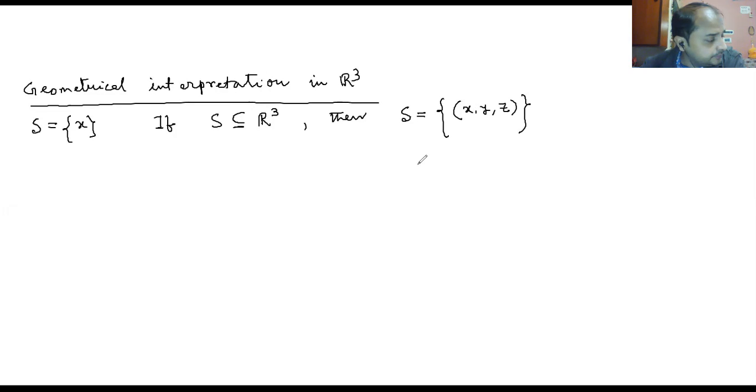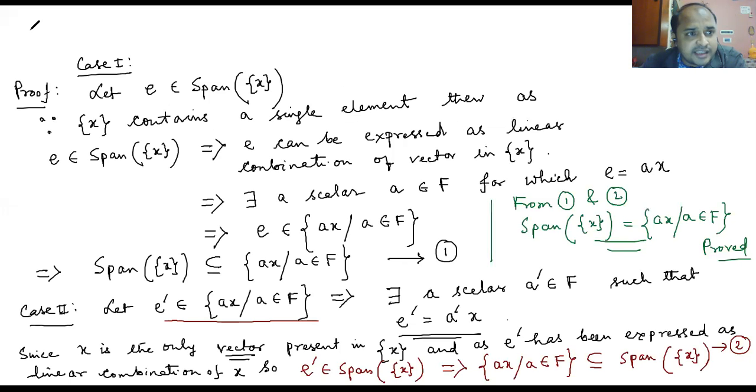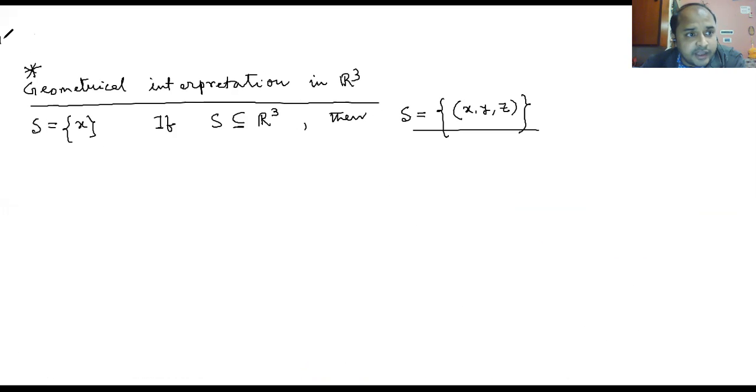Okay. If I'm wrong, then you can make me correct. So S is the set containing a vector X. I am considering, in this particular problem, in the proof, my S was a subset of any vector space V. Now I am considering the vector space V as R3, as it is given.